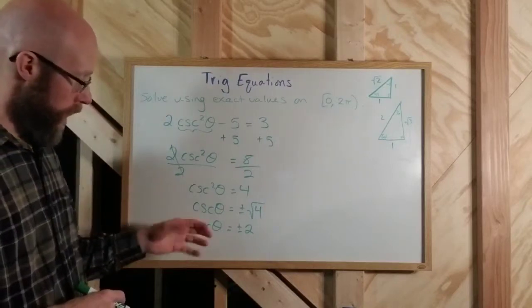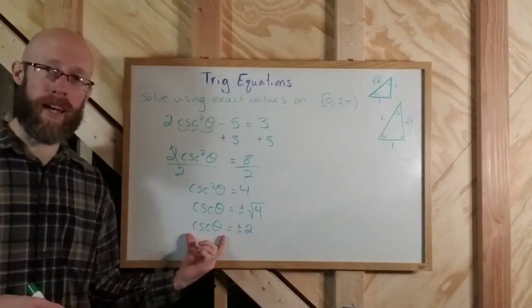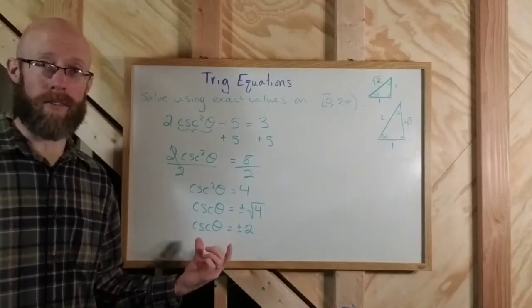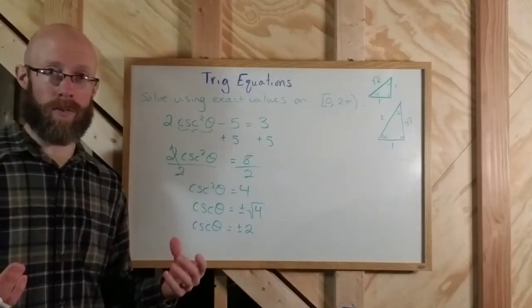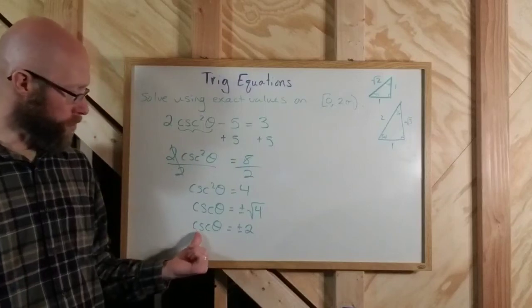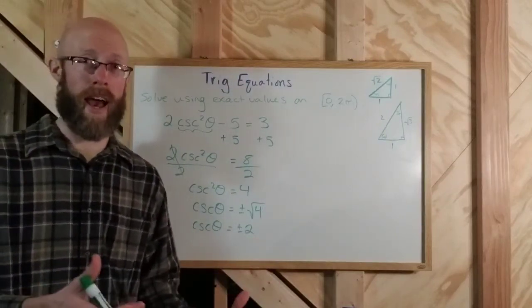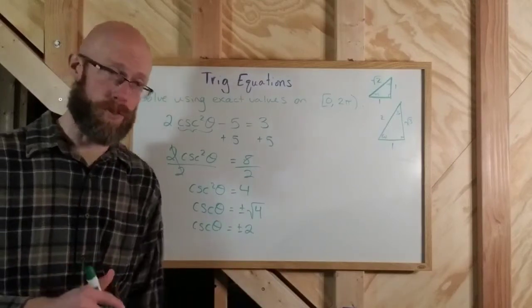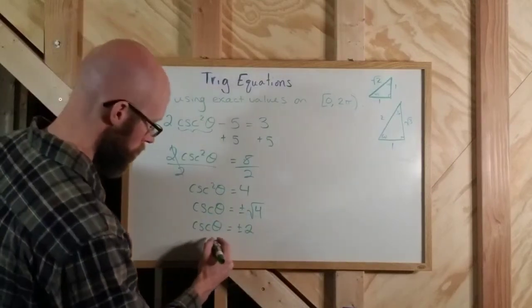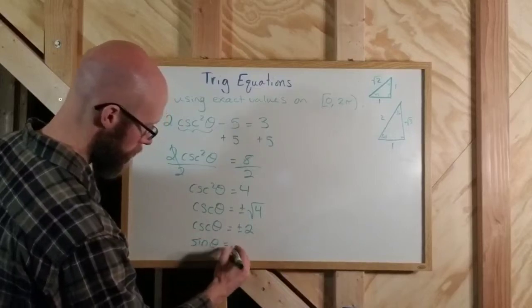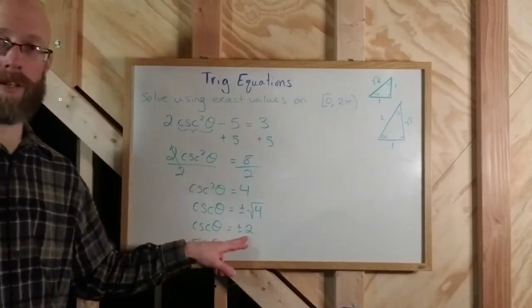I'm not as familiar with cosecant as I am with the sine. And remember that cosecant and sine are reciprocals. So anytime the cosecant is equal to positive 2, that just means the sine is equal to 1/2, right? The reciprocal of the 2. So this would tell us that the sine of theta must be equal to the reciprocal of these.